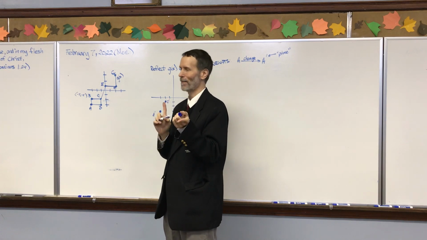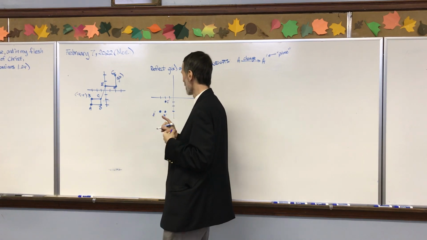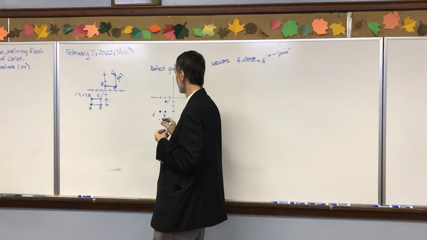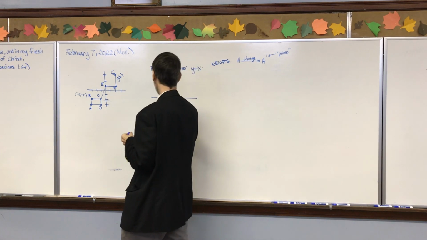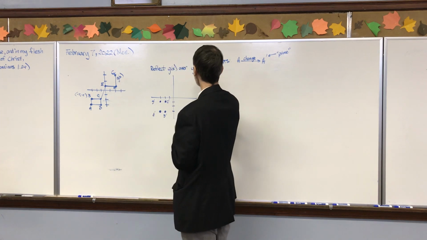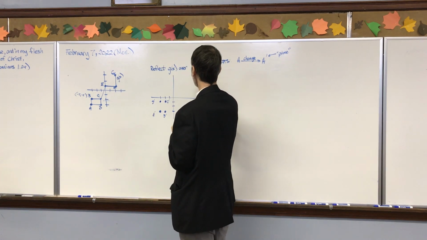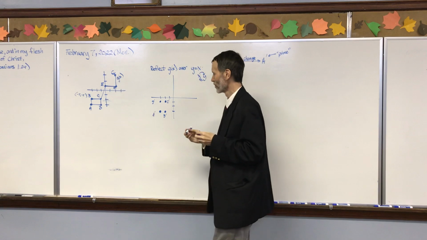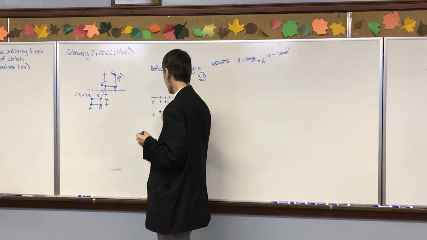Where's D prime? -3, -1. Correct. Because again, y equals x means you take the x and y and trade places. So far we have this.